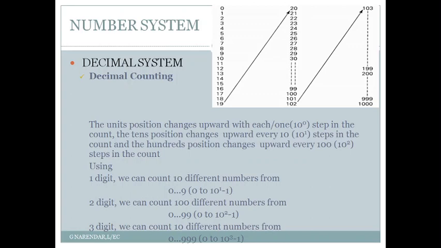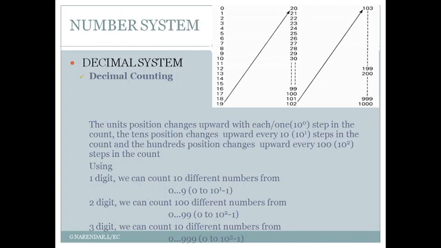And after 1 0, you get the next count as 1 1. Here you can observe that the units position changes upward with each step in the count, right? So 1 0, 1 1, 1 2, 1 3, 1 4 up to 1 9. After 1 9, we have reached the maximum digit in the units position, so you have to change the digit in the next higher position.